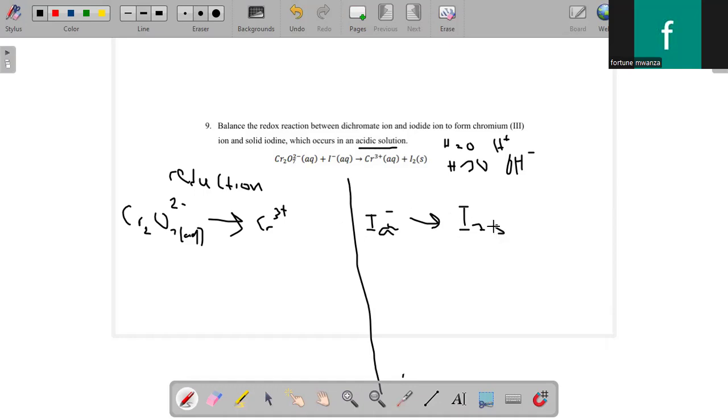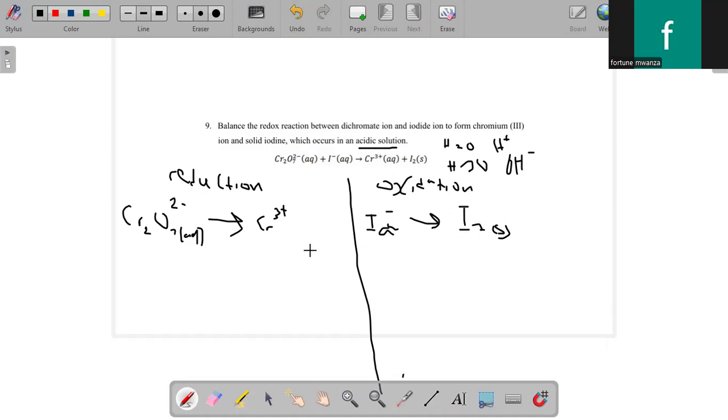You can see iodine has been oxidized there. So this is the oxidation half reaction. So we have our two half reactions.